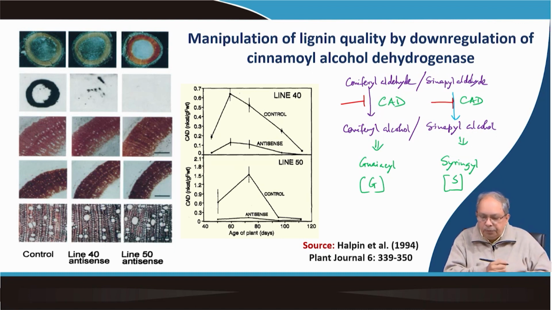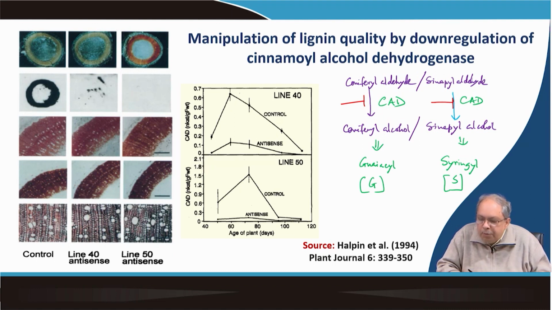So, manipulation of lignin quality by down regulation of cinnamyl alcohol dehydrogenase. What is going to happen is that when the CAD activity is blocked or suppressed, this leads to less accumulation of coniferyl alcohol or cinnamyl alcohol as appropriate.